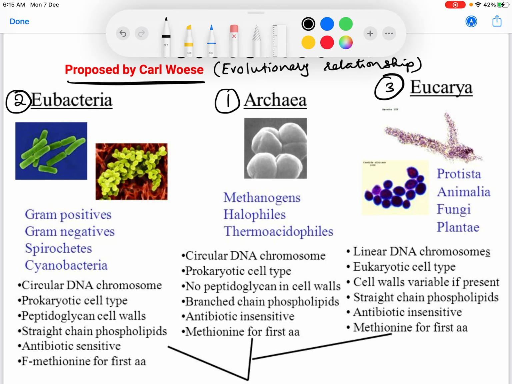Now how is it affecting that? For example, if I am talking about the early life, which first evolved on the earth, at that time the earth was not at all suitable for sustaining life. Conditions on the earth were very harsh.